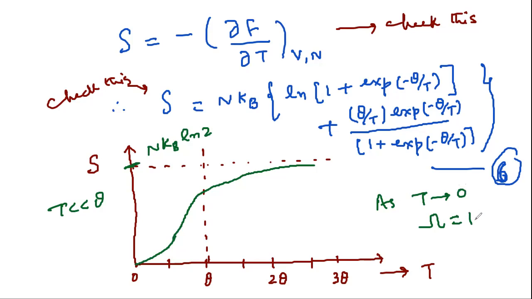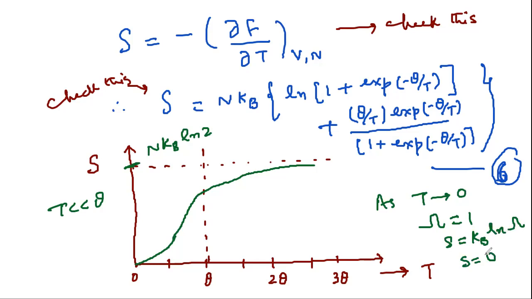And when sigma is 1, you can understand it from this expression, S is equal to K B ln sigma. When sigma is 1, ln 1 is 0, so S is 0. This is what happens.